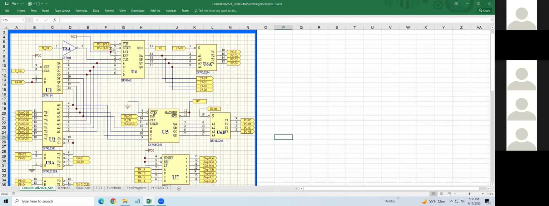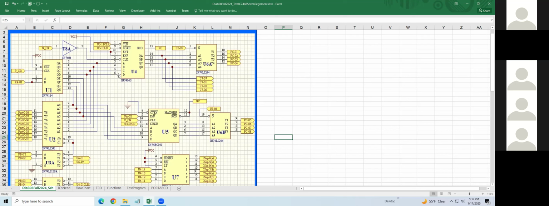I've given you the example. The first thing they tried was loading number 9. They failed. Now you can measure pin A, pin B, pin C, pin D. It's supposed to be number 9: 1, 0, 0, 1.